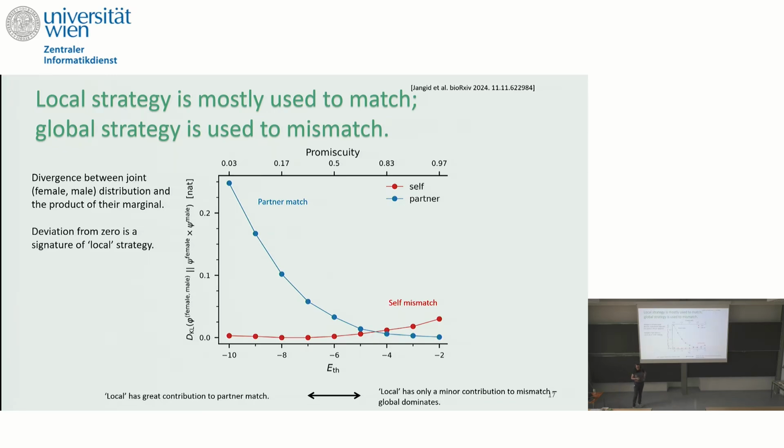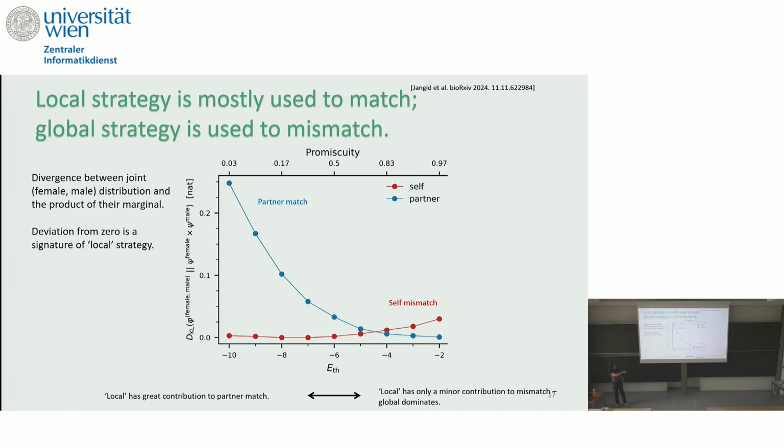And here we looked separately at the pairs that should mismatch, namely pairs that are on the same S haplotype, and pairs that match. So these are partners on different S haplotypes. This is the blue curve. So you see here that the local strategy has a major contribution to partner matching, okay?